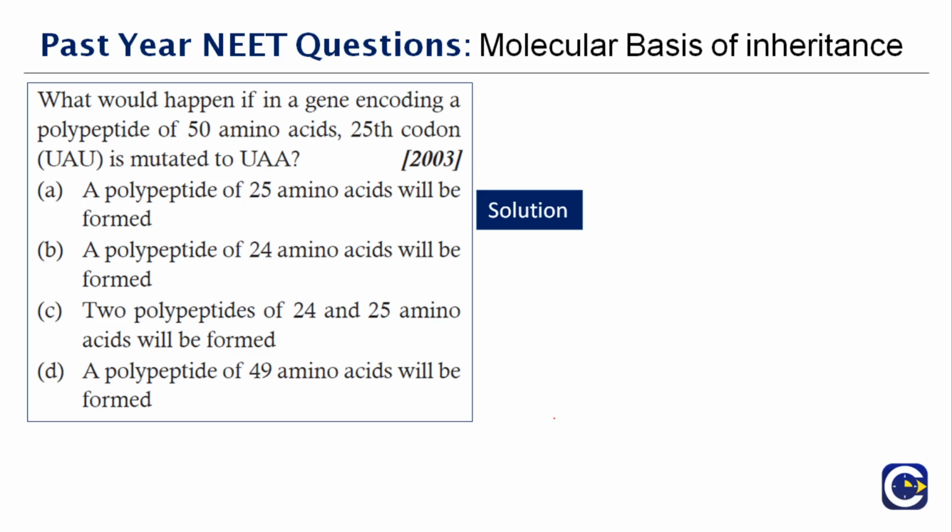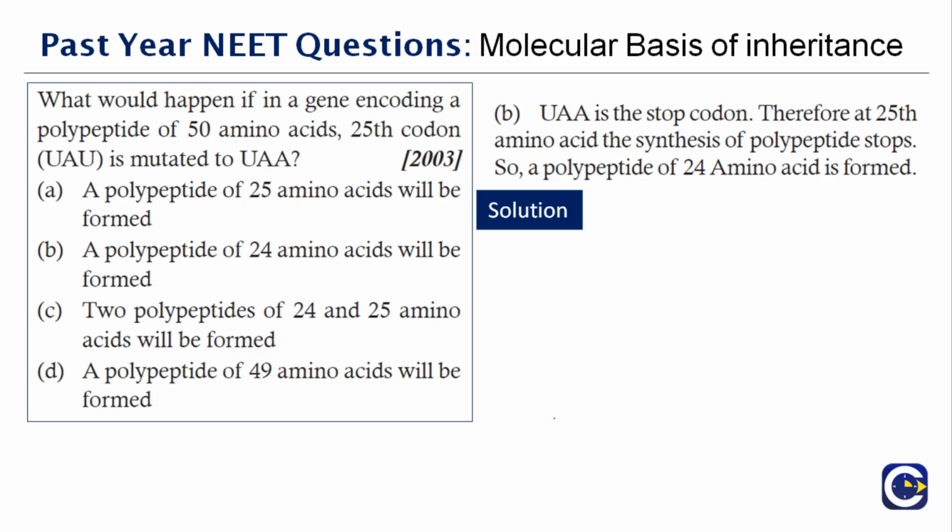Therefore, at the 25th amino acid, the synthesis of the polypeptide will stop. If UAU is mutated to UAA, the process will come to a halt because it's a stop codon. Therefore, the right answer to this question is option B. A polypeptide of 24 amino acids will be formed. So it's irregular, it's not complete.